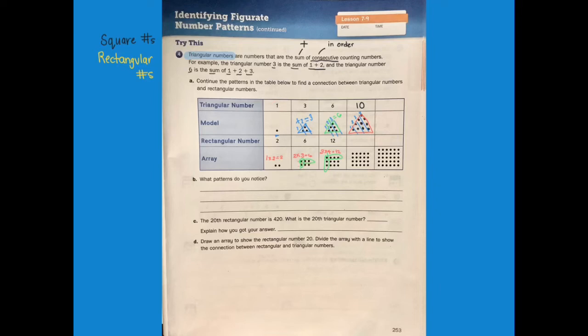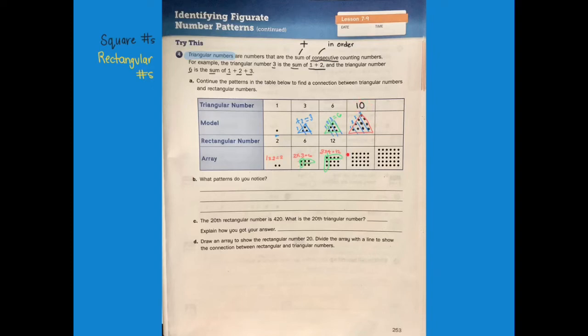You're right. What's our first rectangular number? 2. Yeah. All right, let's look at the next one. We've got 3, and then we've got 6. Ooh, we've got 6, and then we've got 12.